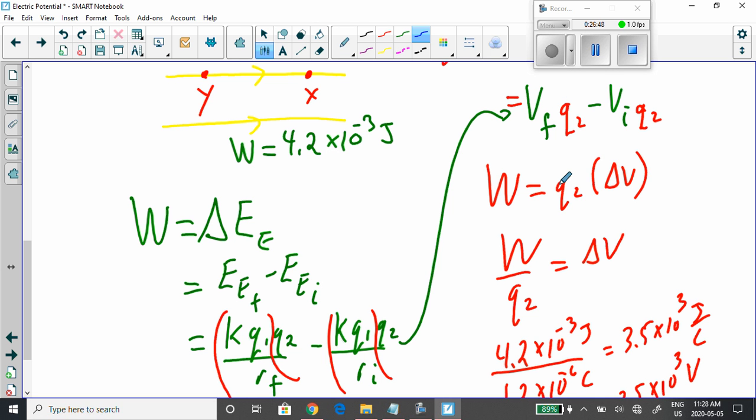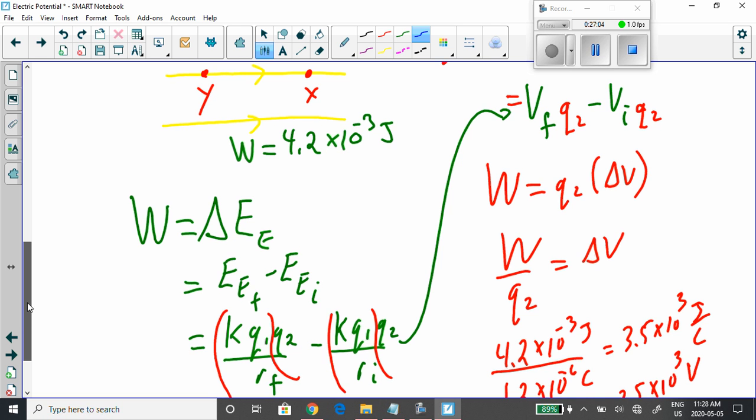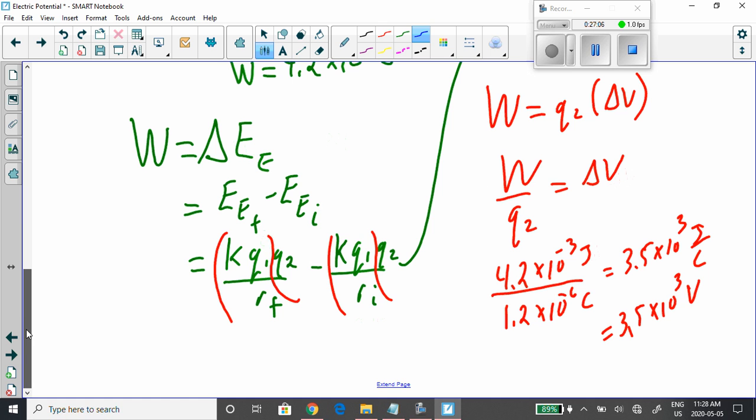Now we're going to factor out a Q2 and we're left with V final minus V initial, voltage final minus voltage initial. Well, that is just another way of saying delta voltage, the difference in voltage.